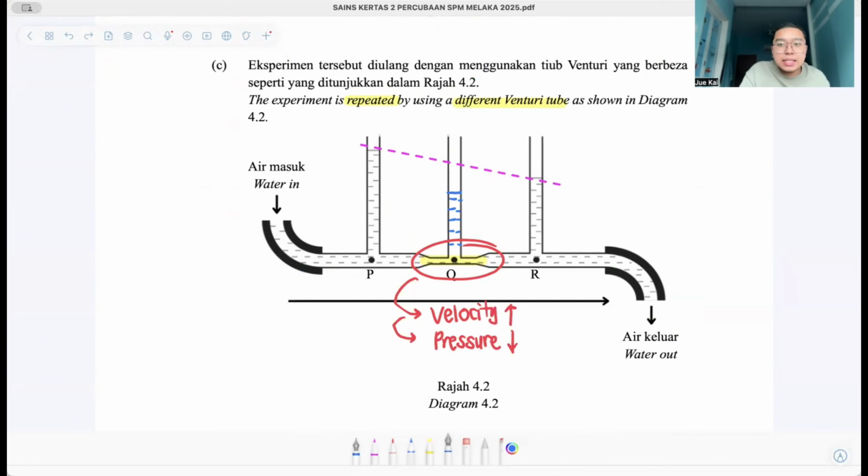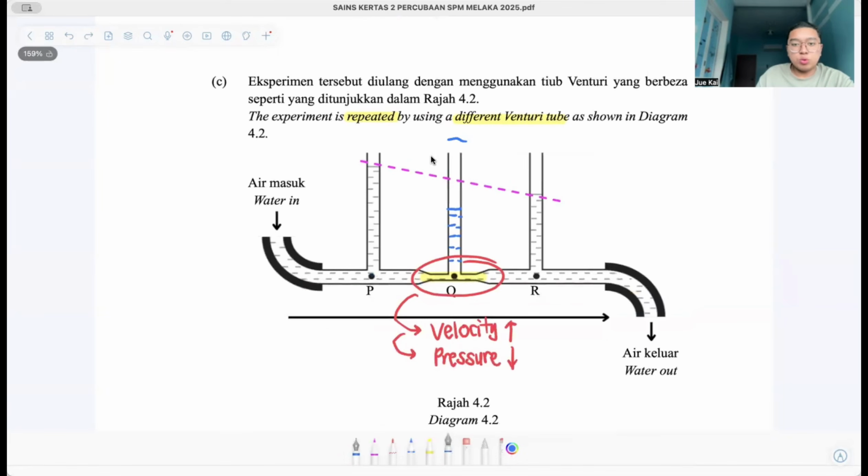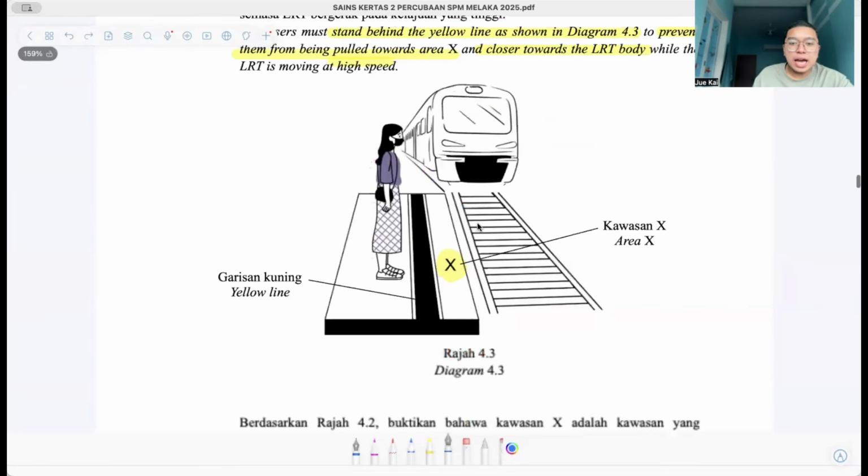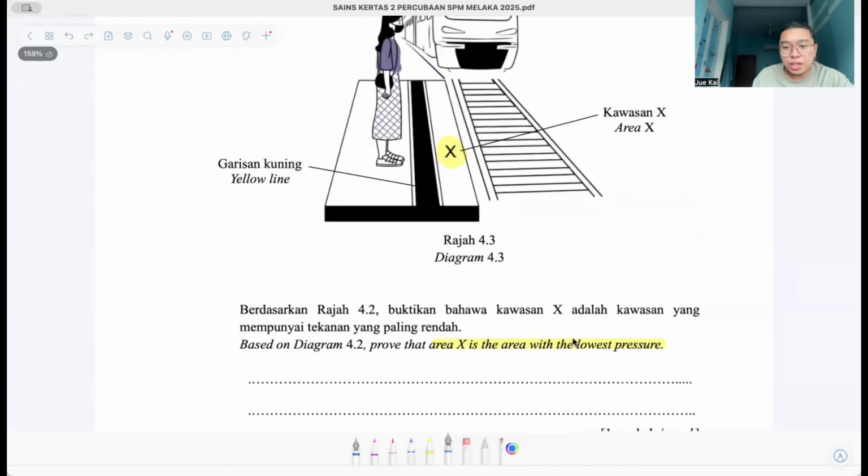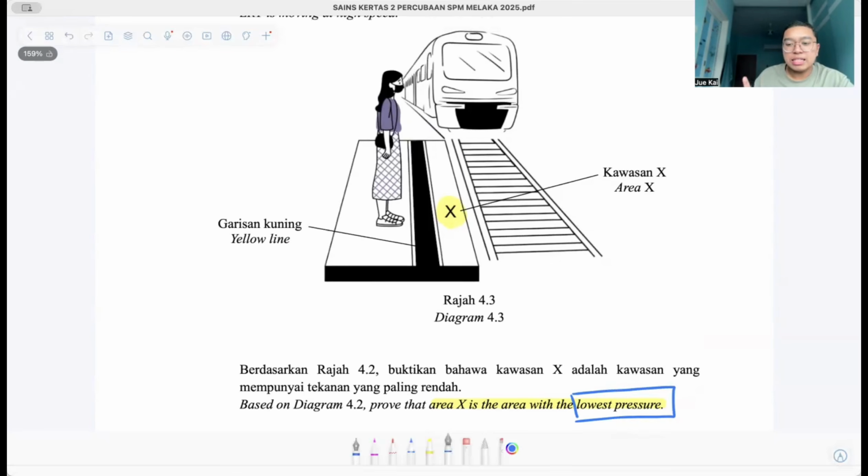So, you can obviously see that it wants you to focus on this thing actually. You see, the pressure is lowest. It's already mentioned, lowest pressure, my dear. Lowest pressure means what? The velocity is high or low? The velocity is high.